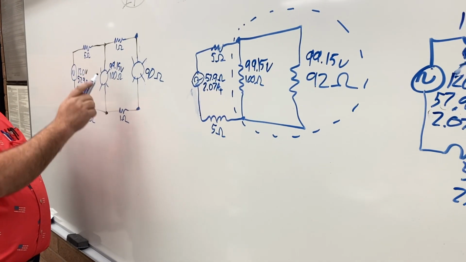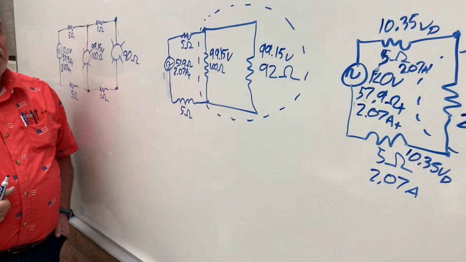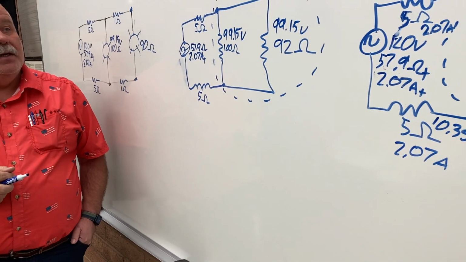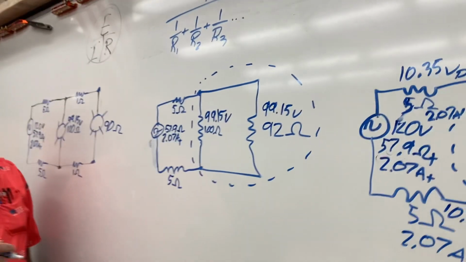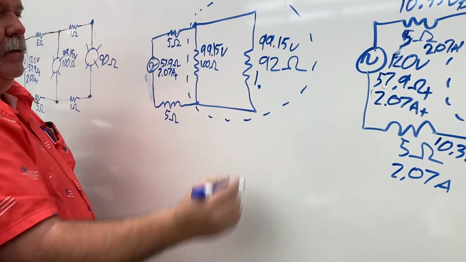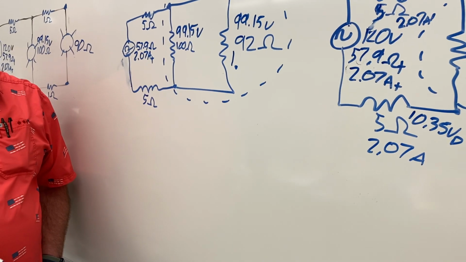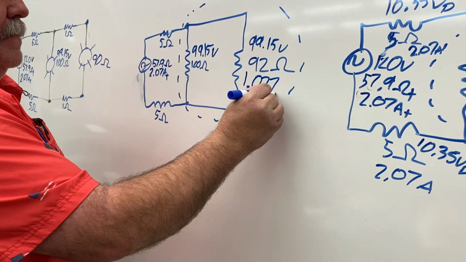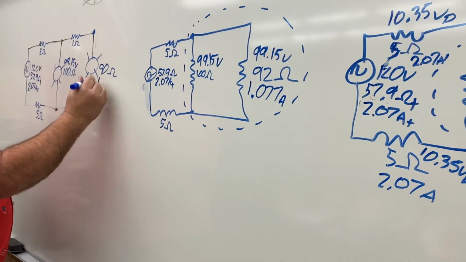So if we have 99.15 divided by 92, how many amps are going to flow through that? You got 1.077. 1.077 is going to be the same here because all three of these are in series.